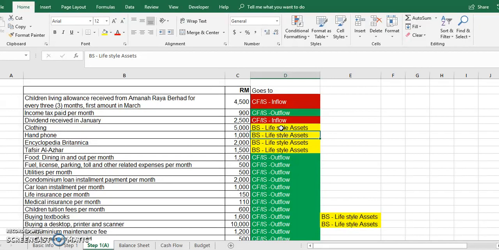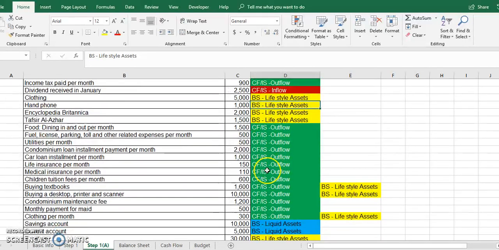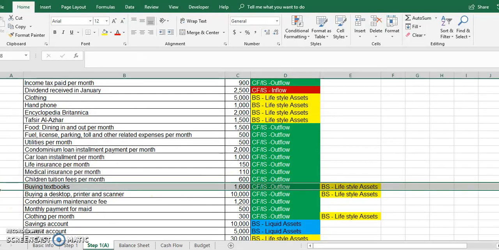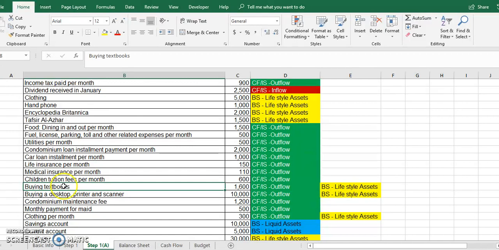And then in the balance sheet, on the asset side, we have liquidity, lifestyle asset and investment asset, whereas on the liability side we have current and long-term liability. But be careful with certain items. In this case, textbook is a lifestyle asset. Obviously, when you buy something, it is a cash flow.